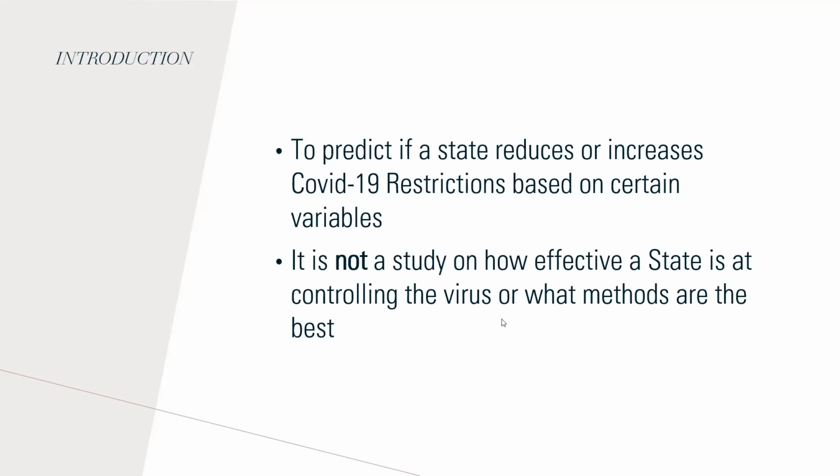It's not a study of how effective a state is at controlling a virus or what methods are the best. So I'm not looking at whether vaccines are effective, whether wearing masks is effective, whether forcing everyone to social distance or stay at home is effective. That's not what I'm looking at. I'm just looking at whether or not a state will relax or tighten restrictions. So that's to make everything clear.